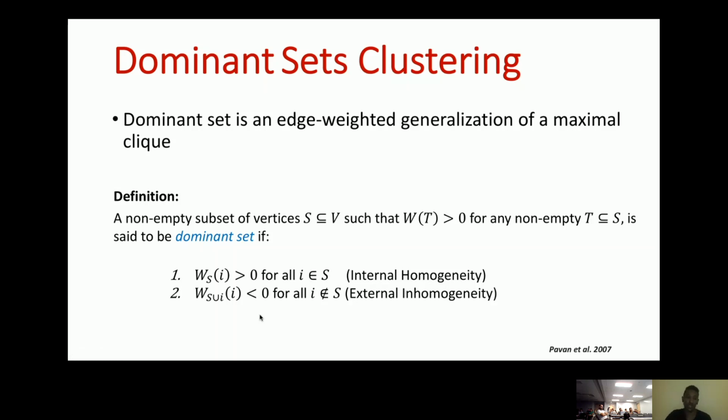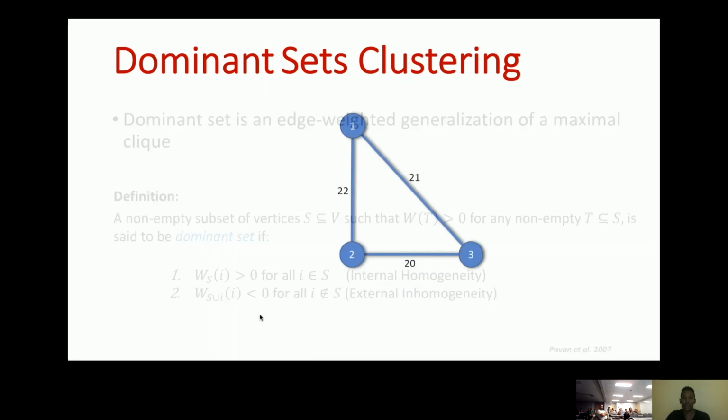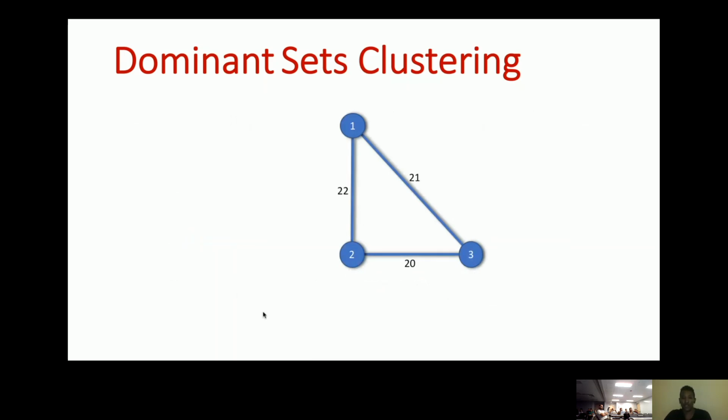We're not going to see how to compute this weight due to time constraints, but we will see the intuition behind weights. Assume you're given this coherent set with 3 nodes, node 1, node 2, and node 3, with similarity of 20, 21, and 22.